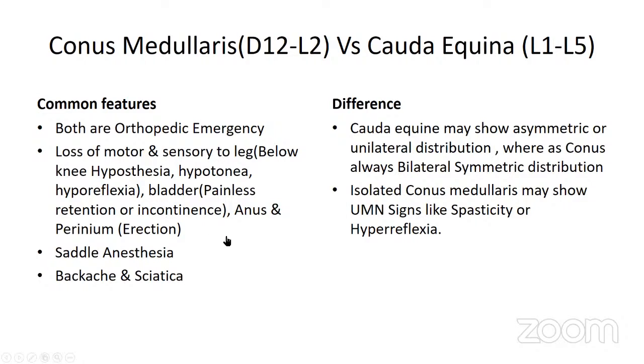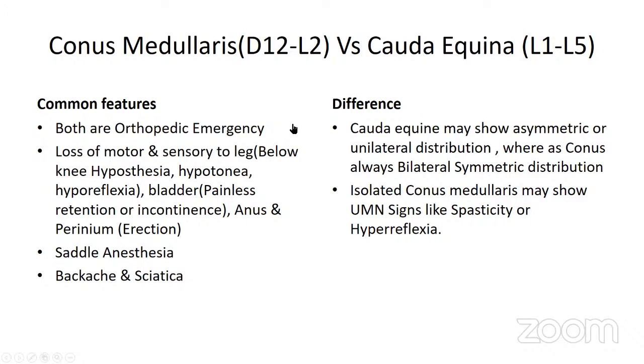I already told you, if there is an erection problem, it is of very sinister significance; it may be conus medullaris or cauda equina. And there is saddle anesthesia. What is the saddle area? If the patient rides a horse, the area in contact with the horse is known as the saddle. That means the inner aspect of the thigh, the inner aspect of the buttock, and also around the anus and the genitalia. This saddle area becomes anesthetized. And also there is some backache and sciatica. These are the common problems.